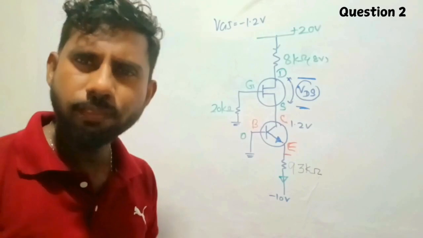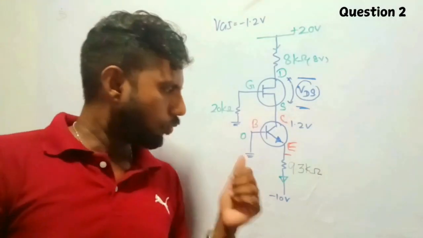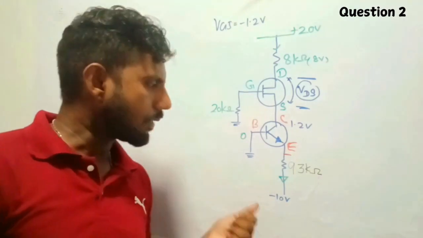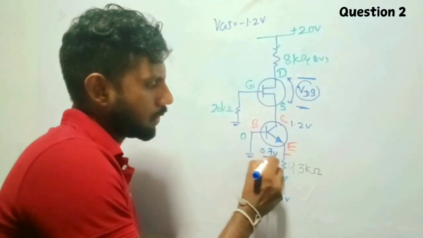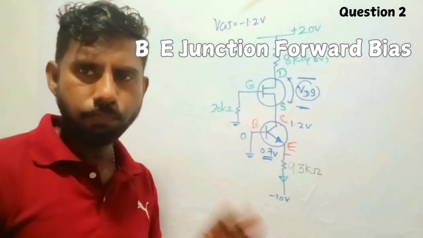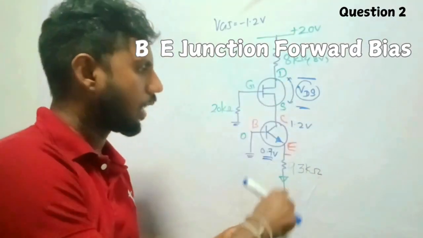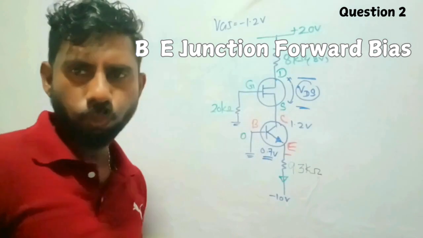When doing this question, we have to make a couple of assumptions. One assumption I'm going to make is that the potential difference they are giving us here is 0.7 volts. So I'm taking the BE junction as forward biased. Only then can we see a current through IC and also through the drain and source, right?